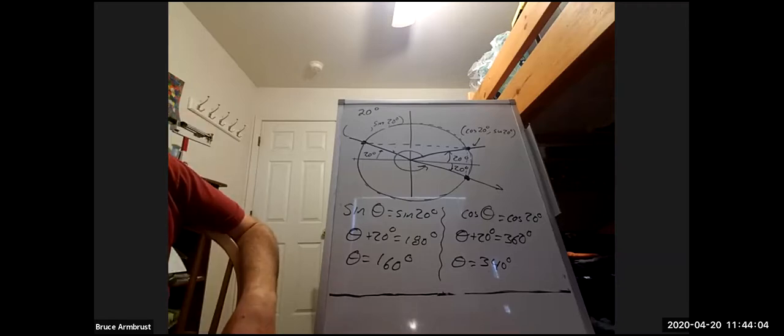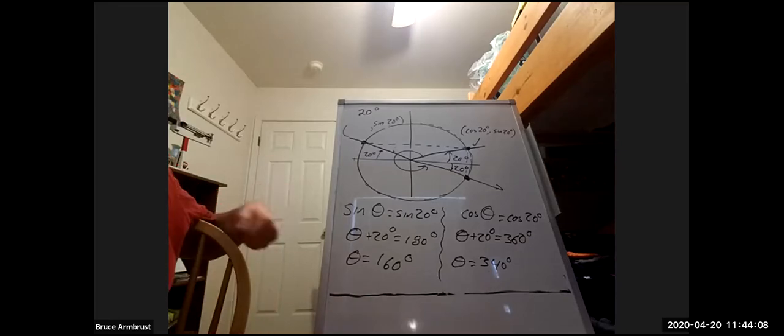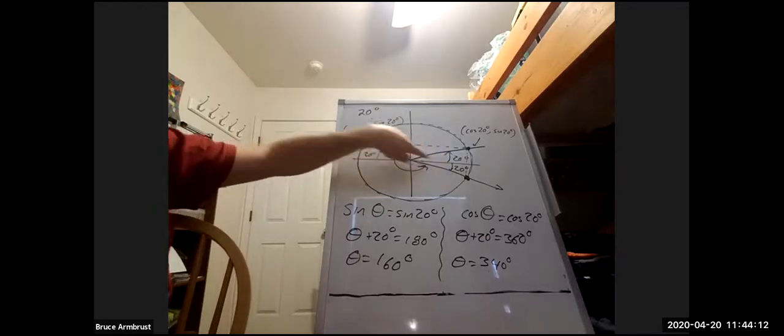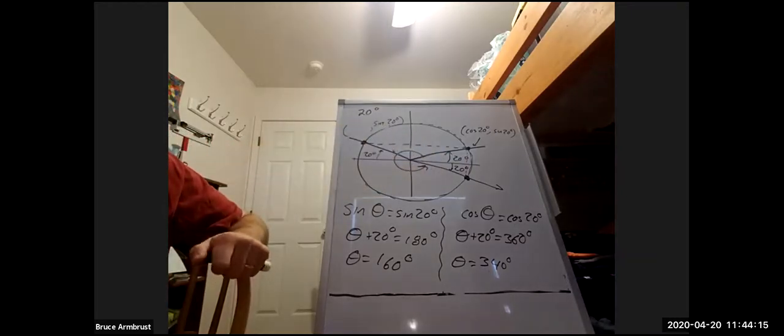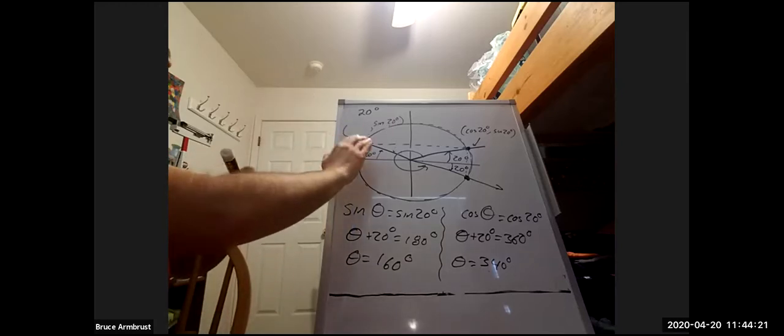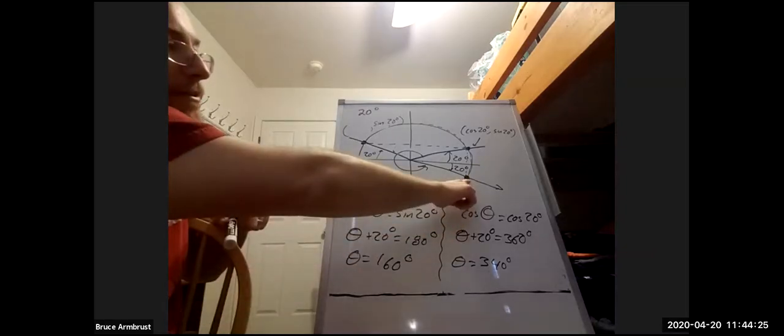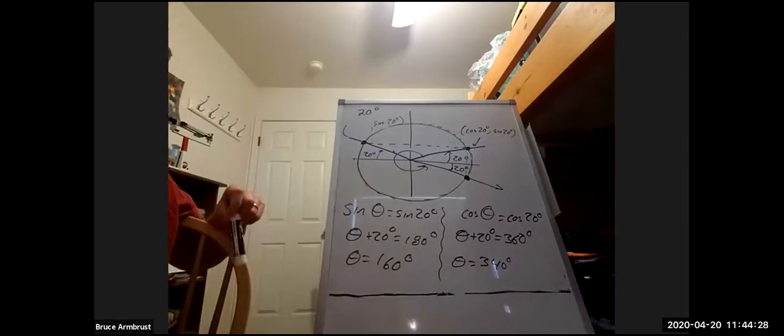So this is how we use reference angles. We basically just figure out how far we are off of pi or 2 pi to figure out the angle in the respective quadrants. So notice that in the second quadrant, it was pi minus theta, or 180 minus theta. In the fourth quadrant, it was 2 pi minus theta, or 360 degrees minus theta.